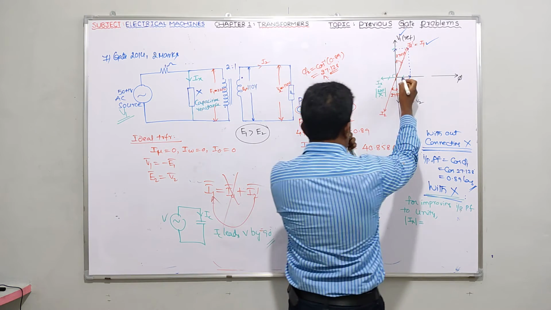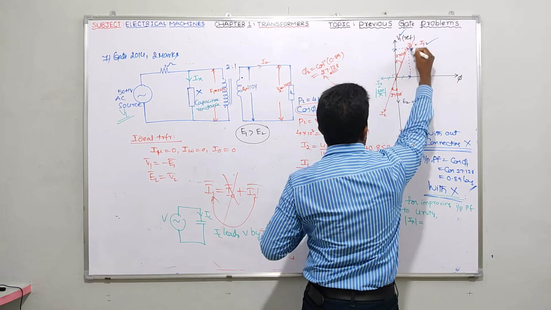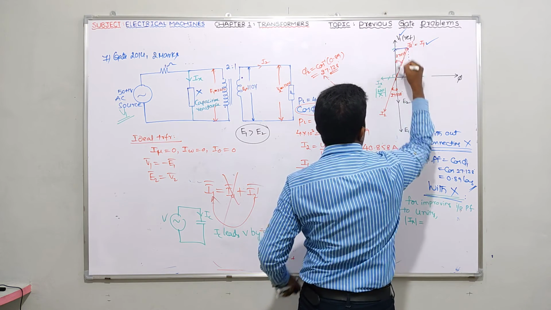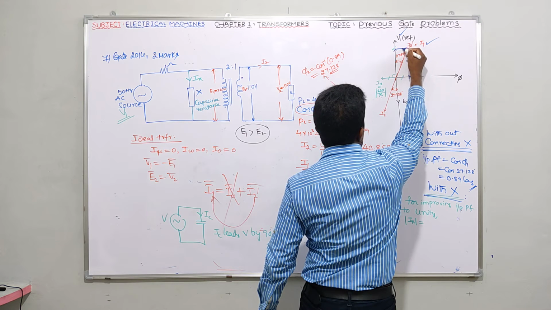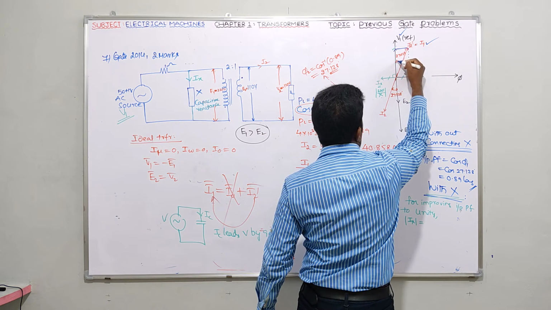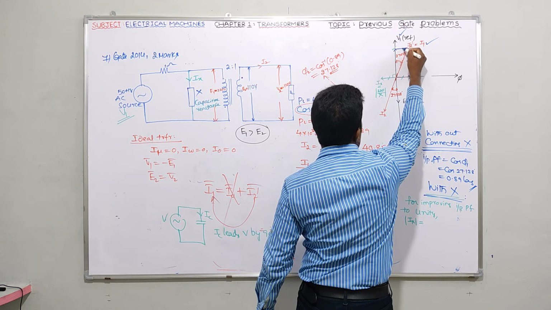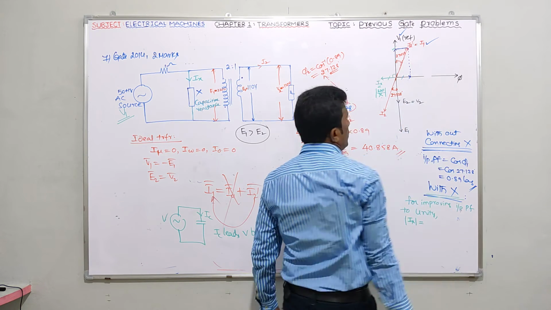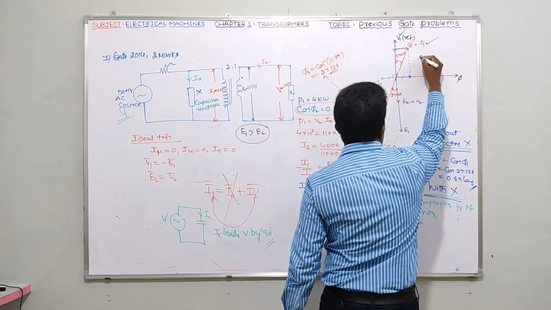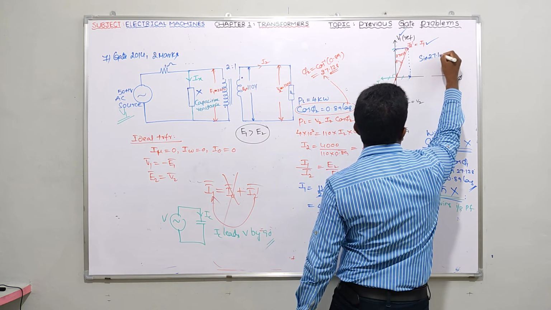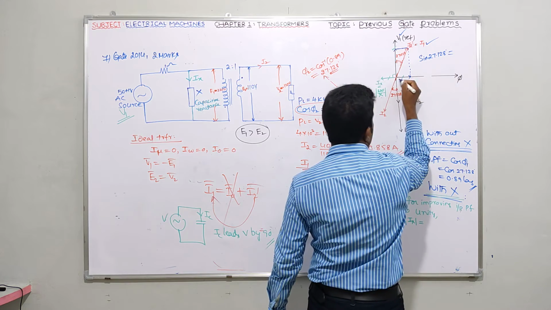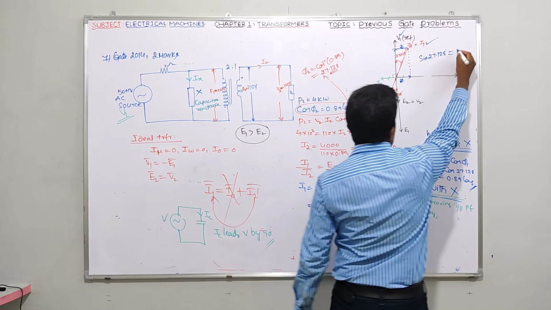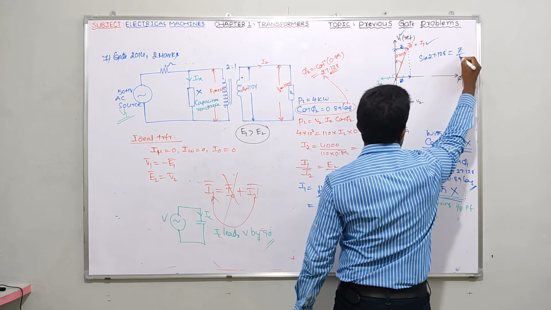So this value, guys, for this triangle, is nothing but its opposite side only, no? The side opposite to this angle. If you want the opposite side, which formula do I have to use? Sine phi, no? So sine 27.128 equals opposite, which I can take as Z, divided by hypotenuse, which is the I1 value.